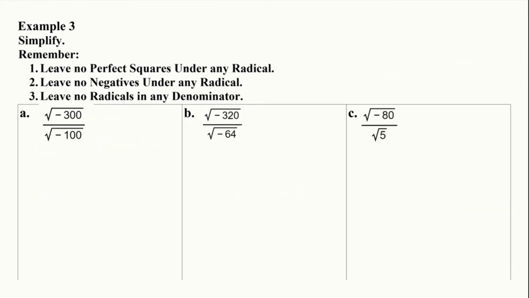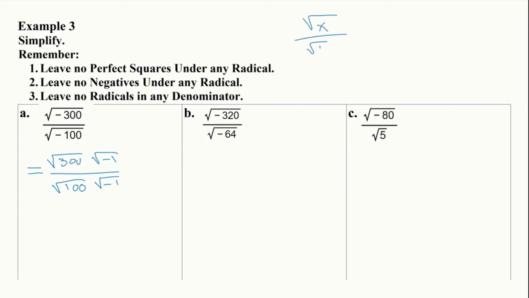Okay, so here we're going to deal with these fractions. So we get square root of 300 times the square root of -1 on the top, and square root of 100 times square root of -1 on the bottom. Now, these two, the radicands are both non-negative, so we can go ahead and apply this rule.